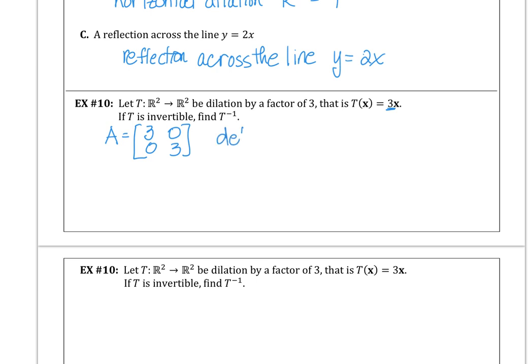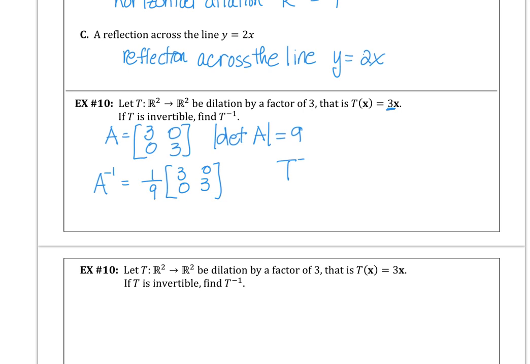The determinant of A is 3 times 3 minus 0, so the determinant is 9. The inverse is 1/9 times [3, 0; 0, 3].